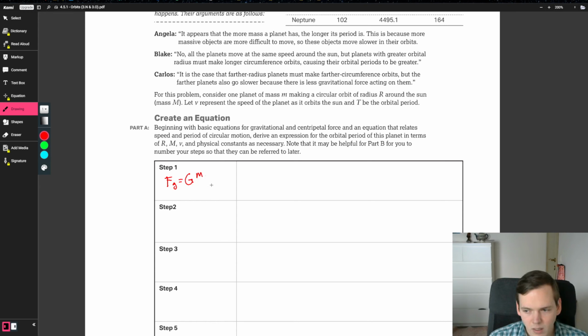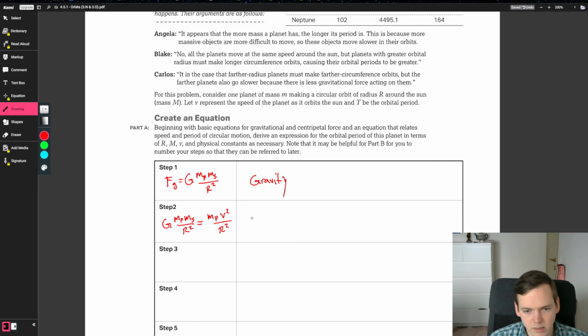So that's just gravity. And we know that this has to equal the centripetal force. So G times the mass of the planet times the mass of the sun divided by r squared is going to be equal to the mass of the planet times v squared over r squared.